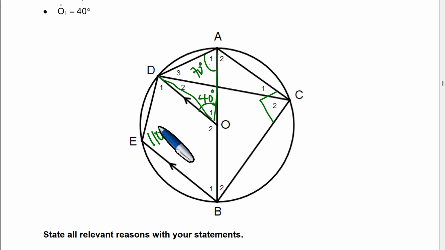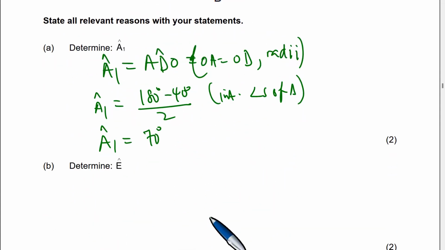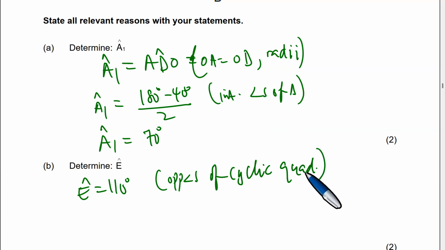So this can only be 110 degrees, because 110 plus 70 is 180. So angle E is 110 degrees. Why? Because these are opposite angles of a cyclic quad.